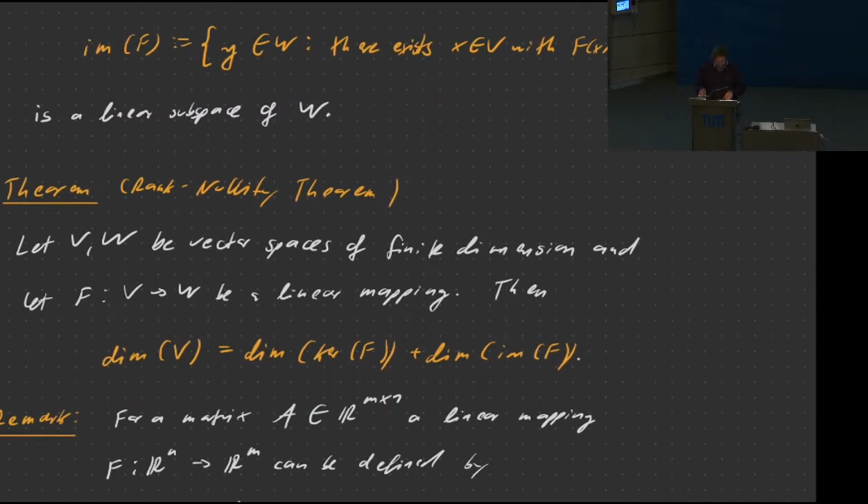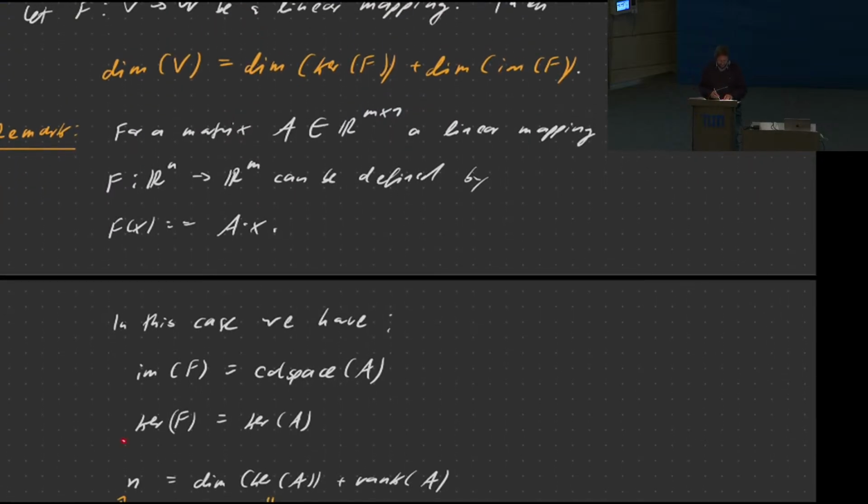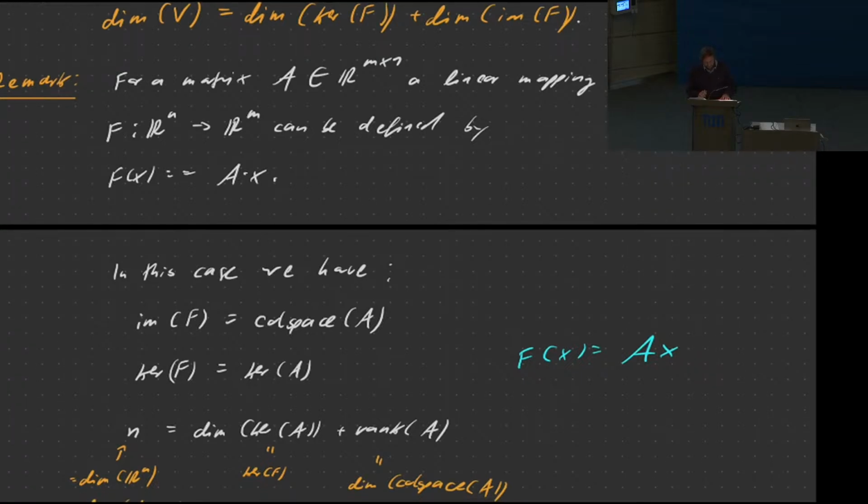And again, similarly to matrices, let's first have a look at that similarity maybe. The kernel is basically the same thing, right? So in particular, if you define f of x through a matrix to be A times x, then that means the kernel of f is exactly the same thing as the kernel of the matrix. And similarly, the image of f is the same thing as the column space of the matrix, right?